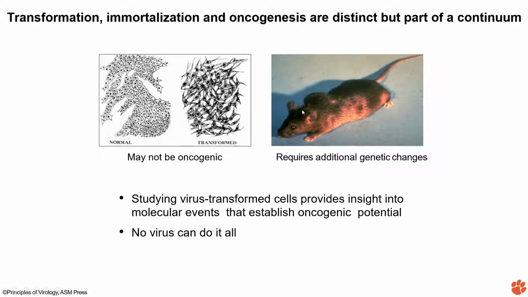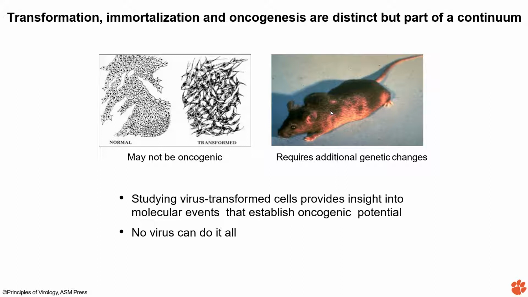But one important thing is that if you have a cell that is transformed, immortalized, and oncogenic, you have to inject it into a mouse which usually doesn't have an immune system. If the mouse does have an immune system, with proper B cell and T cell activation, these cells will be killed by your cytotoxic T cells and natural killer cells.